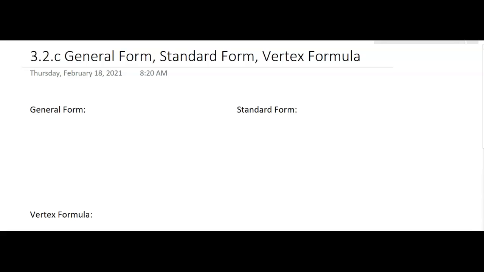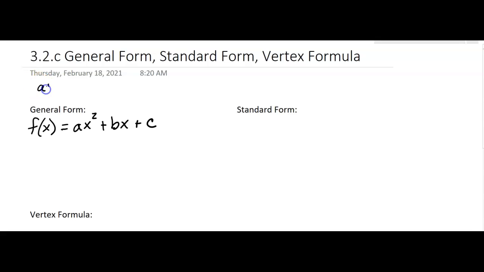So there are different ways to write a quadratic function. One way, we call it the general form, is f of x equals ax squared plus bx plus c. Now, you've seen a similar form back when you had the quadratic formula.